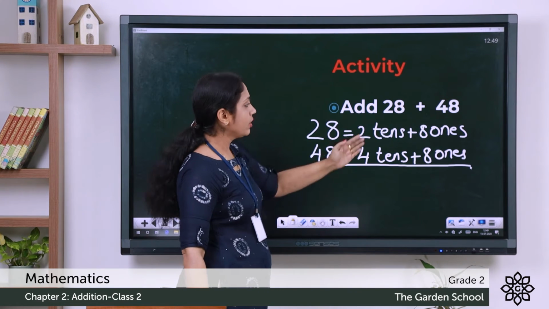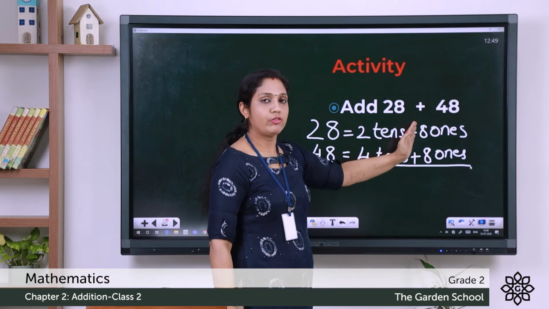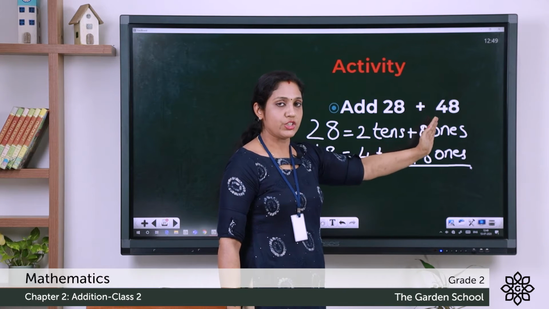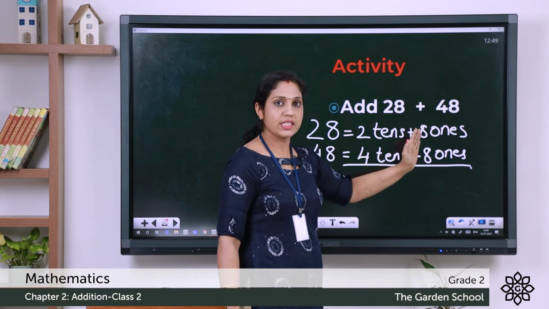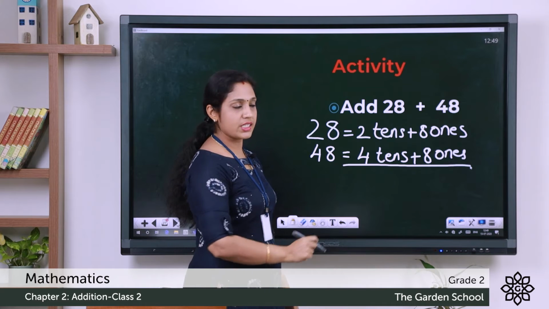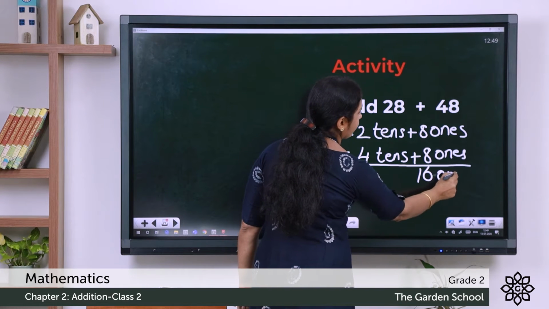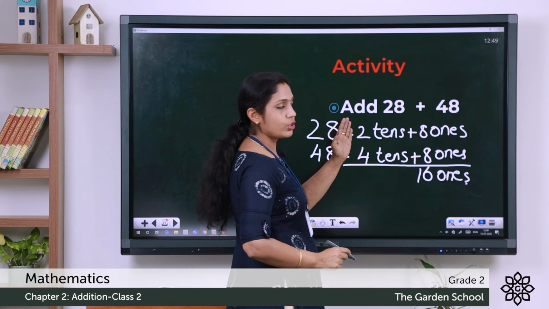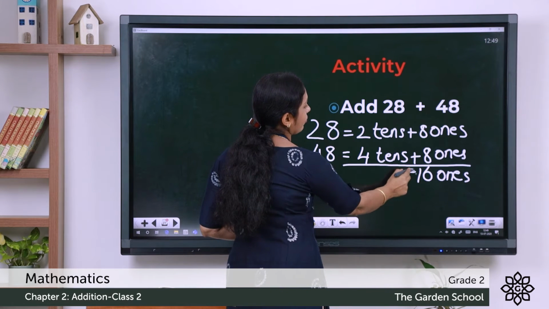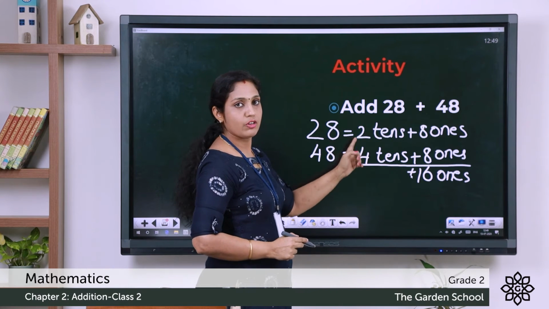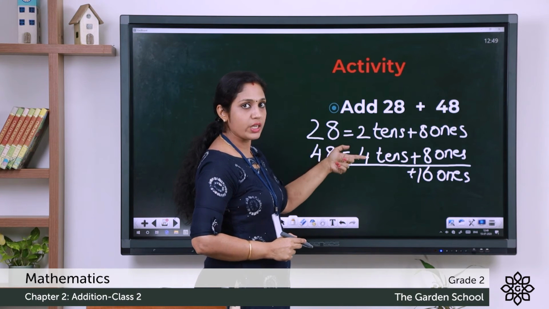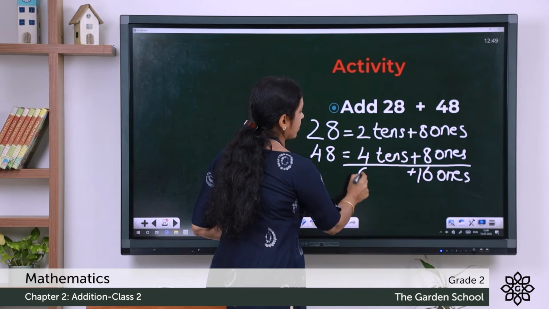Now, we will add. When we add, we have to add from the ones position. So, 8 plus 8, that is 16. So, we will write it as 16 ones. Then we will move on to the tens position. We have 2 tens plus 4 tens. So, 2 plus 4 is equal to 6 tens.